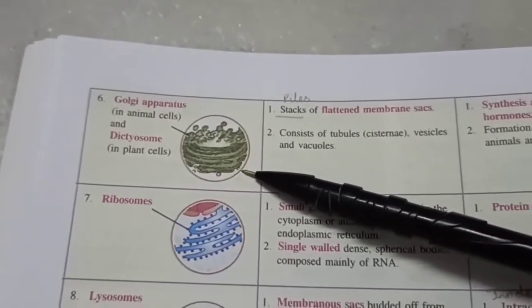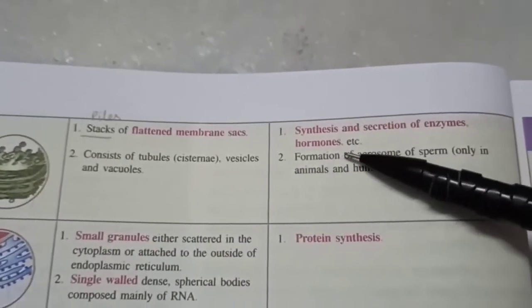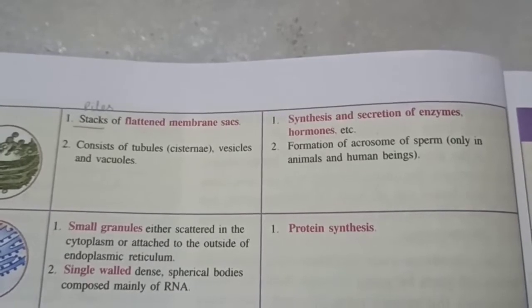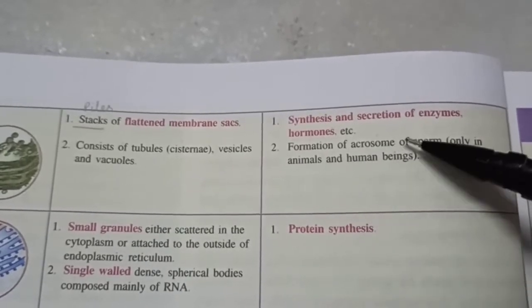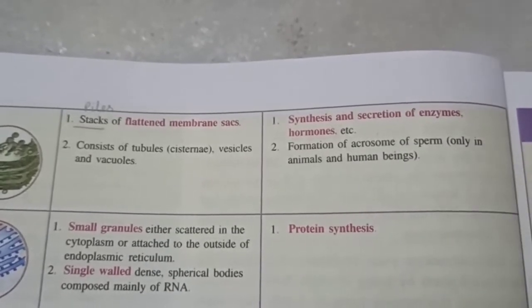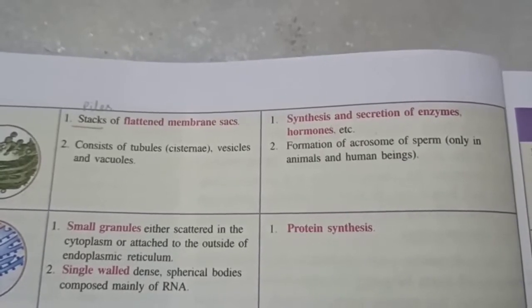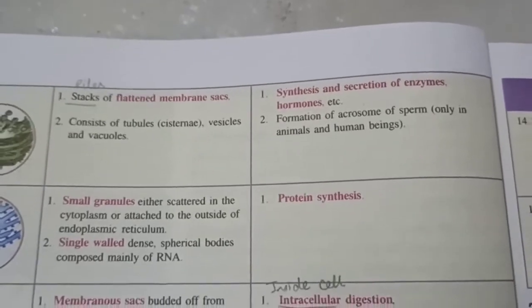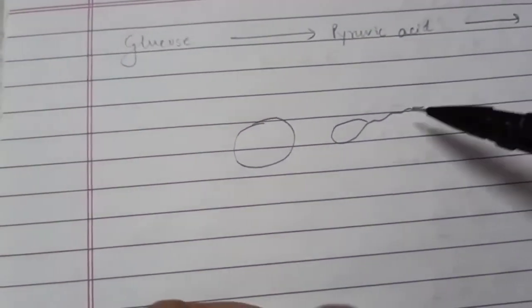The function of Golgi apparatus, the packaging center of the cell, is synthesis and secretion of enzymes, hormones, etc. And also formation of acrosome of sperm, but only in animals and human beings. So what is this acrosome and what is its use? Well, during sexual reproduction, a sperm will have to fertilize an egg cell.